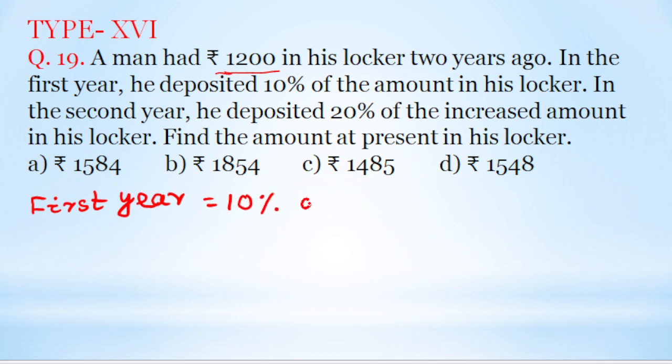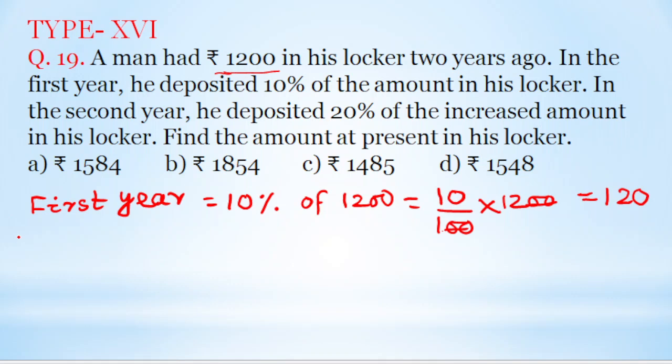So 10% of 1200 is equal to 10 by 100 into 1200. So that is equal to, cancel these two zeros, so 120.